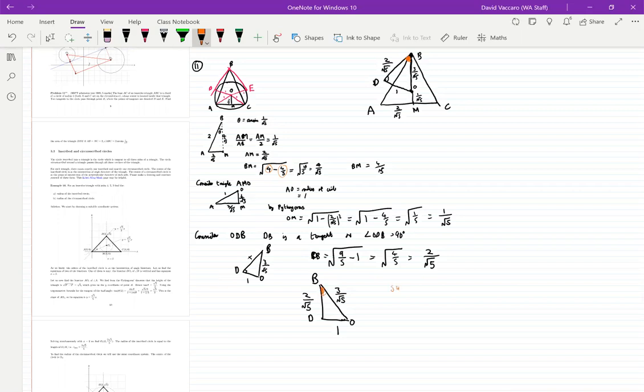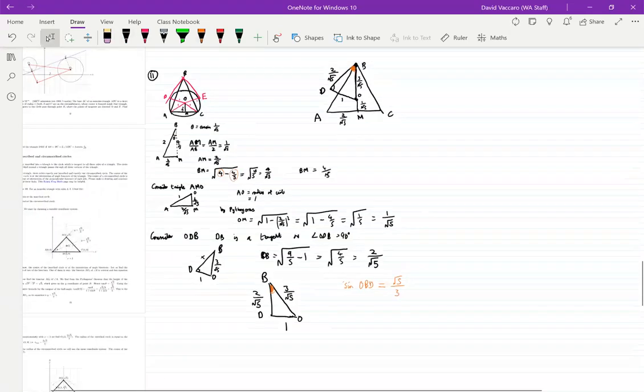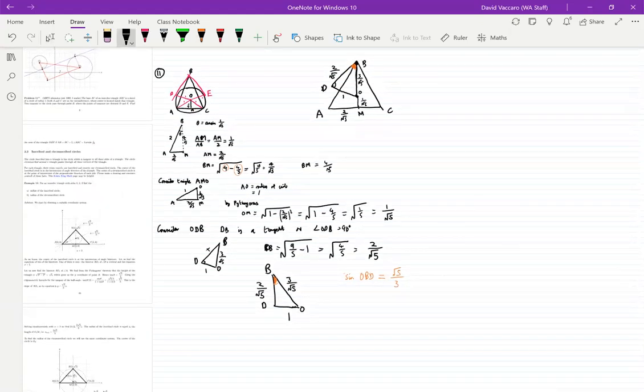The sine of OBD is the opposite over the hypotenuse, so that's root 5 over 3. Okay, so if I now just collate everything, I've got BD is 2 over root 5.